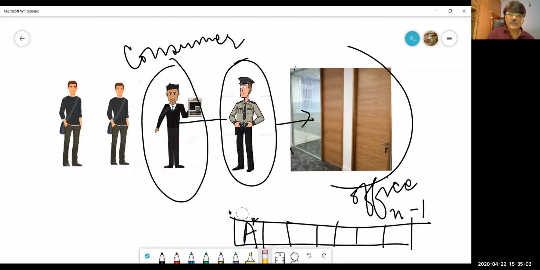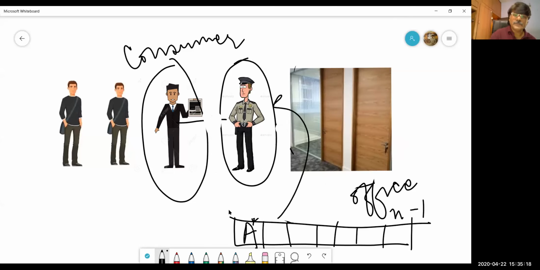I will get the information for you and you can take the information from me. So the security guard will access the buffer because he is a trusted person. He will remove the information from the buffer, that is A, and hand it over to the consumer. So what is happening?